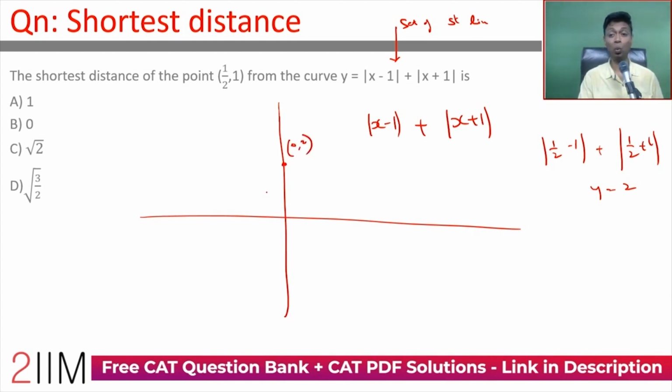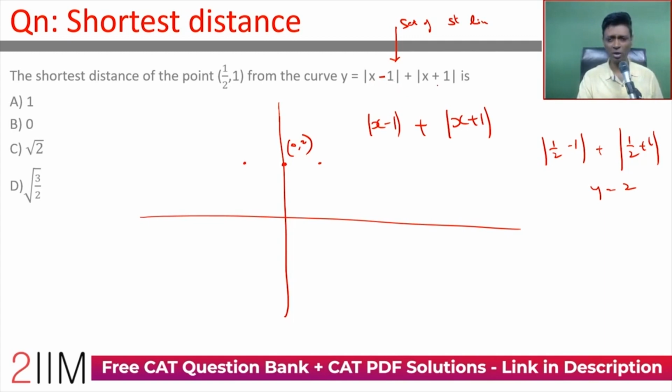When we put x equal to 1, we'll have 1 minus 1 is 0, 1 plus 1 is 2, 1 comma 2 is a point. X equal to minus 1, that will be a point here. And so x equal to 1 by 2, half minus 1 modulus is 1 by 2, 3 by 2, y equal to 2, that will also be a point.